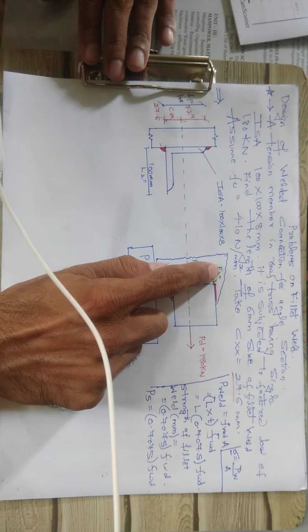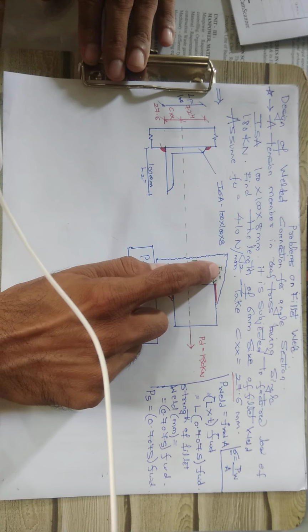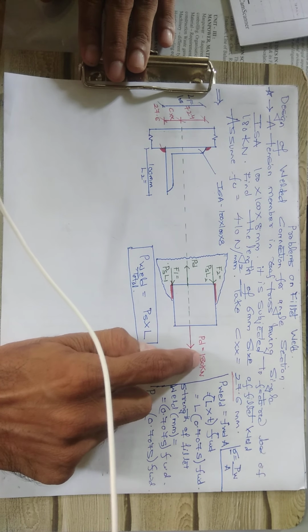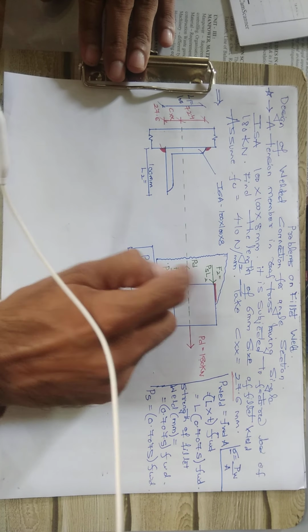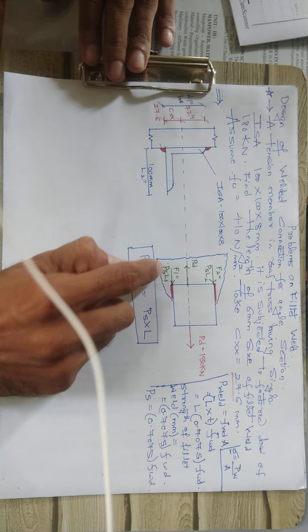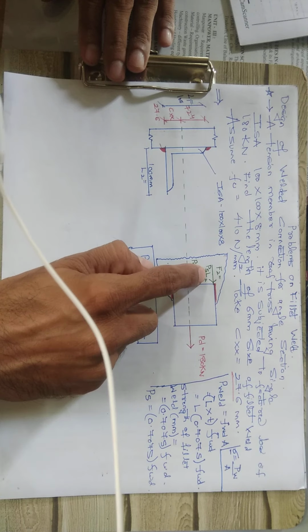F is actually the load taken by the fillet weld. This load, this 180, will be balanced by F1 and F2. But what is F1? It is PS into L1. What is F2? PS into L2.